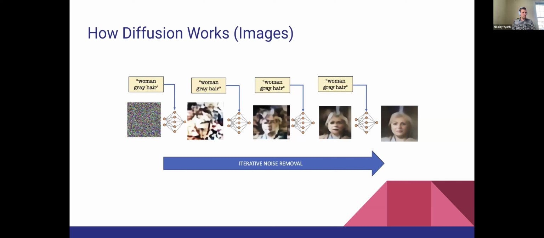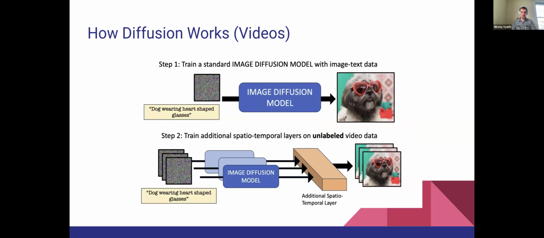And the neural network itself is an algorithm to transform random noise into meaningful images. That's how diffusion works. That's why it's named diffusion. And that's how most of image generation works nowadays.